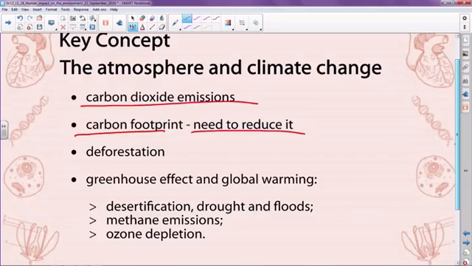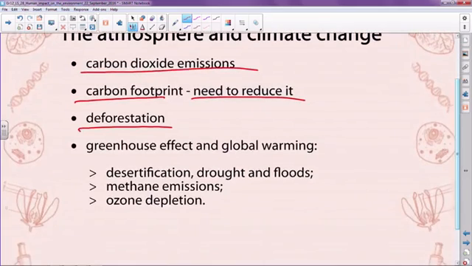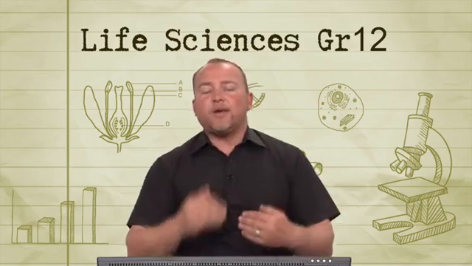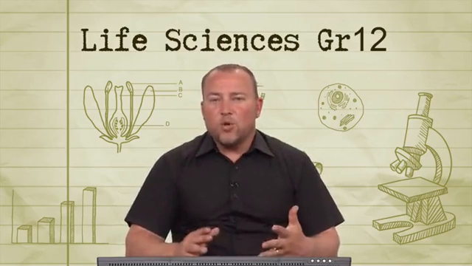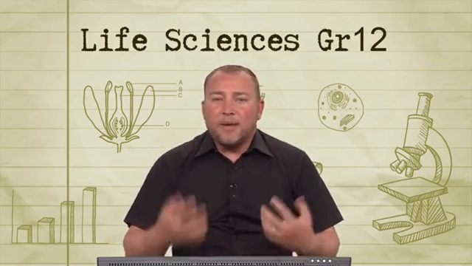The next one we have is deforestation. With deforestation, we're going to increase the greenhouse effect and global warming. If we start cutting down all our trees, first of all, we cannot get rid of that carbon dioxide. In grade 12, you know about the process of photosynthesis. They take in carbon dioxide and give off oxygen.